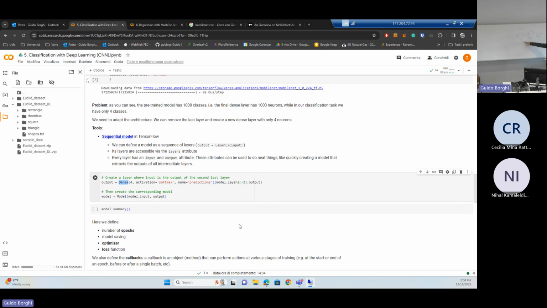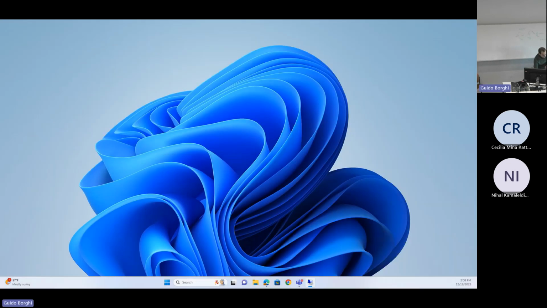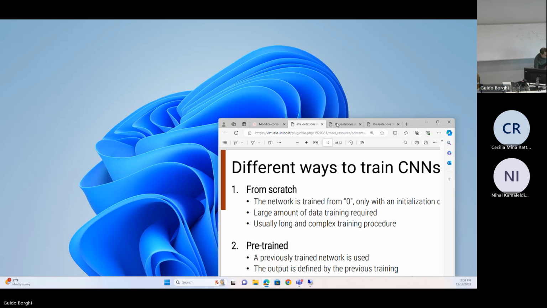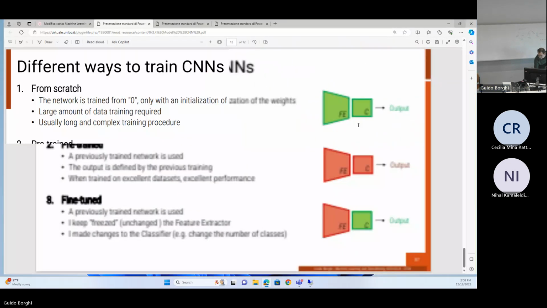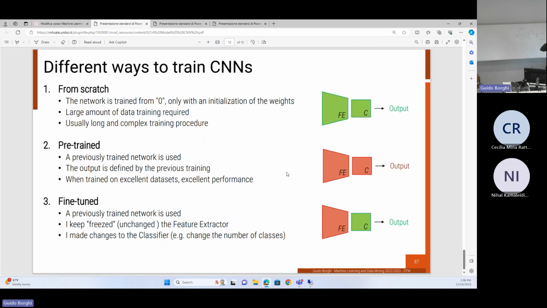Therefore, we are going to apply a fine-tuning procedure. If you remember the slides, oh, where are the slides? Here. It is the third line.